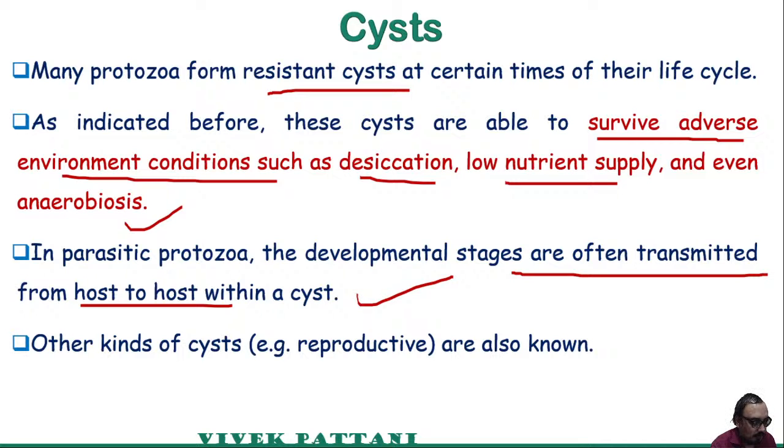There are various protozoa where disease is transmitted in the cyst form. There are certain diseases where a cyst form is transmitted from one person to another, for example, Giardia lamblia and Entamoeba.